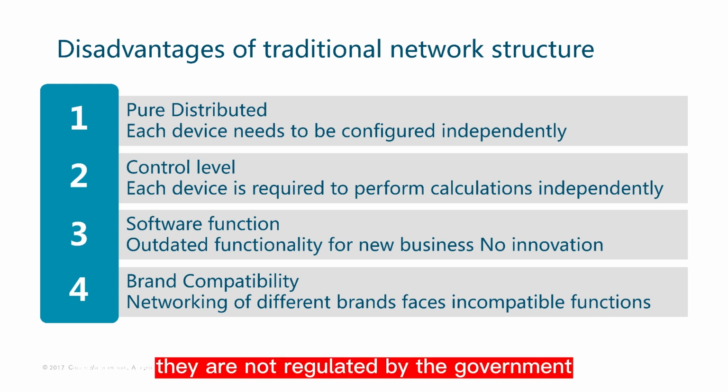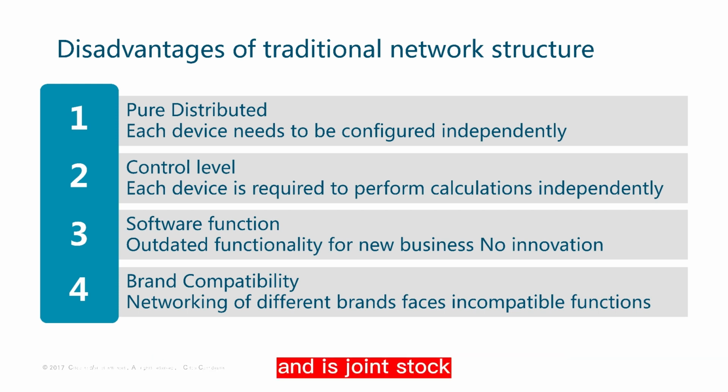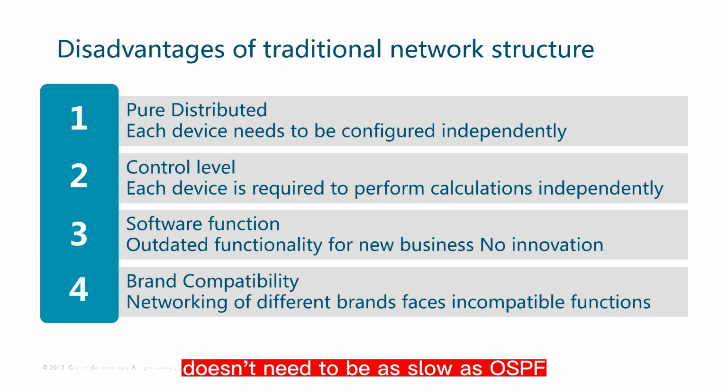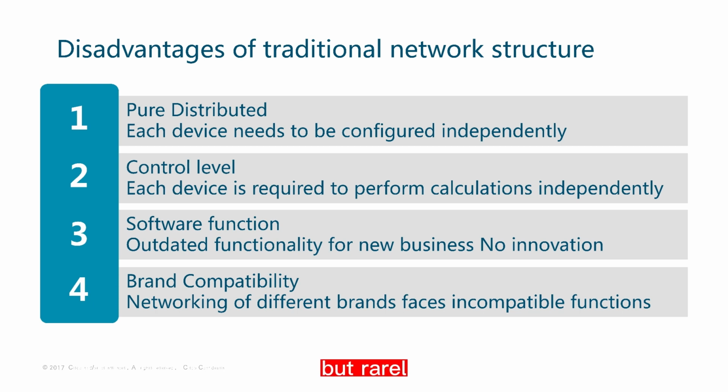They are not regulated by the government, and is joint stock. Relatively rich Cisco equipment can use EIGRP because neighbors converge quickly. Doesn't need to be as slow as OSPF. Indeed, there are such, but rarely.